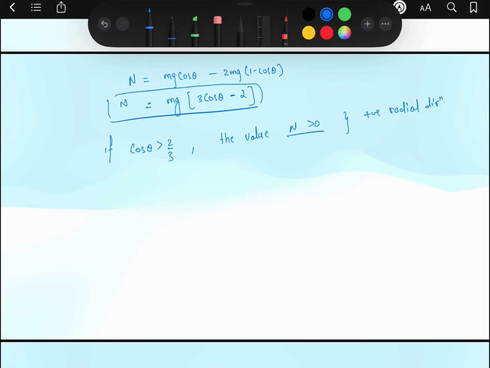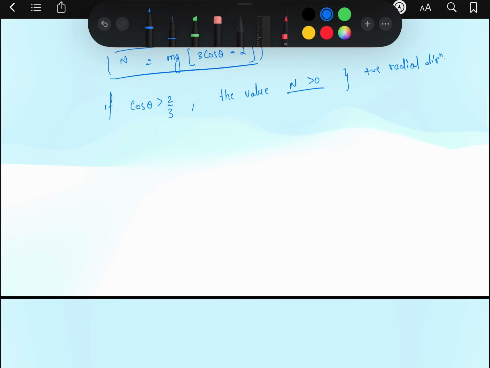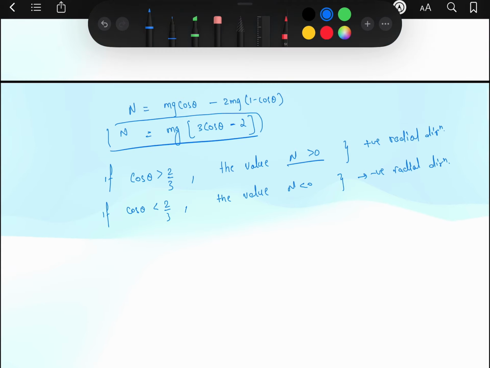And if this cos theta is less than 2 by 3, then the value of normal is less than 0. That means it will be in the negative radial direction, right?